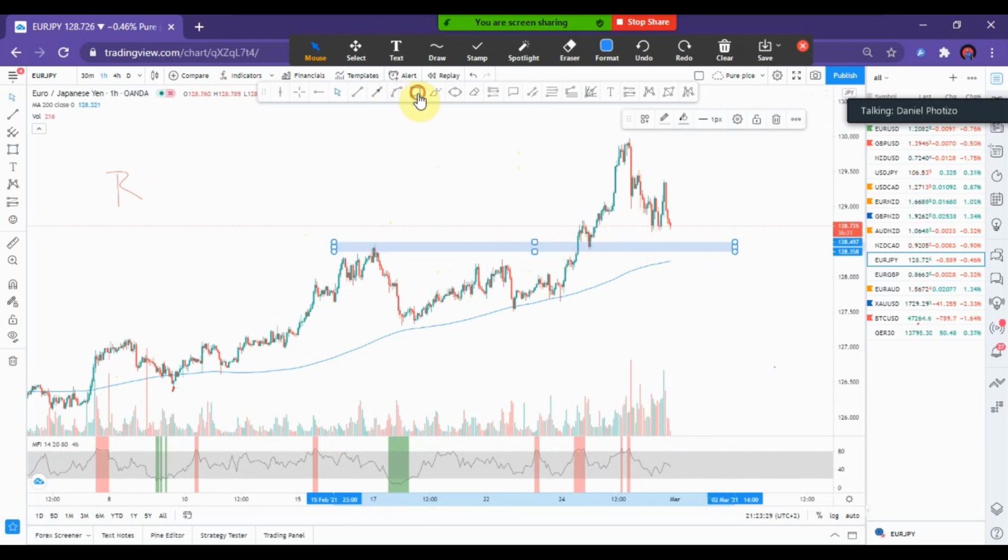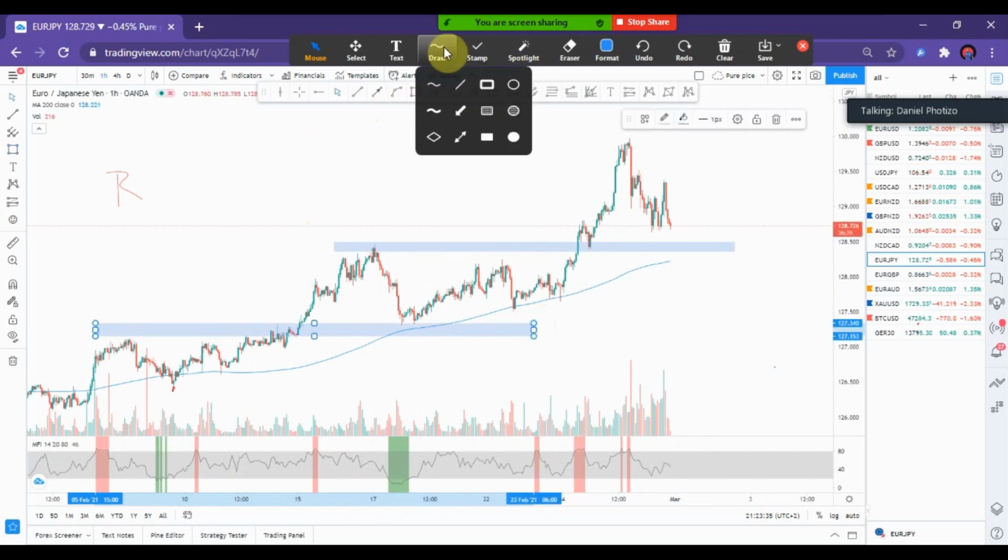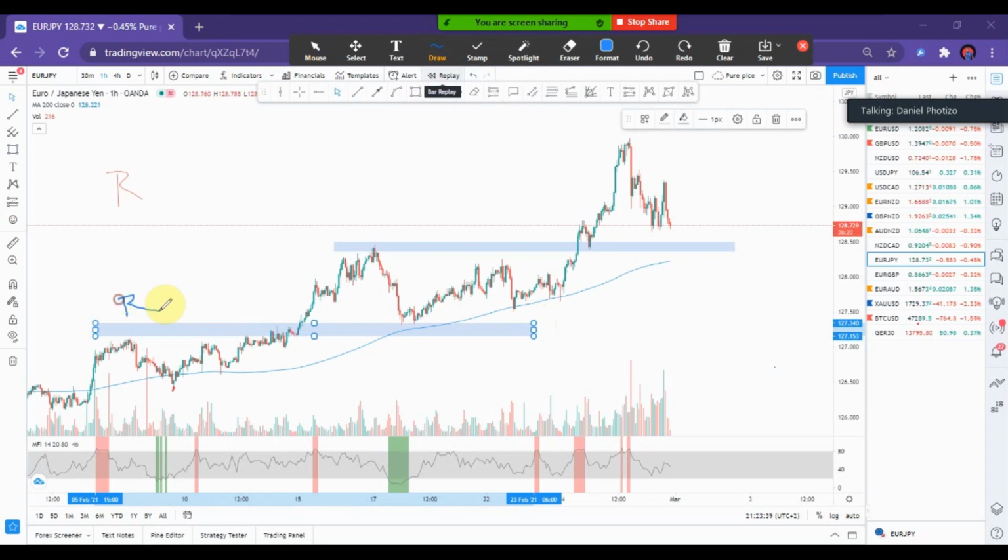So that's the first method, spotting horizontal levels and then entering the market there. For example, we had this as a resistance, but later it became support, which was an entry point for you as a trader. And then we have this resistance which is likely going to be support now, and which will be an entry for you as a trader, following the entry method that I always teach, which is pattern breaks and everything.